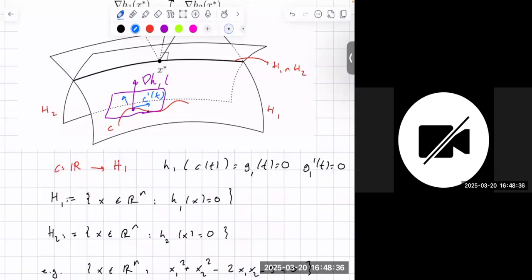Very good question. Because the definition of this guy is H1 of x equals 0, and this x is a multivariate vector. And I'm looking at the case when this x is given by the curve.